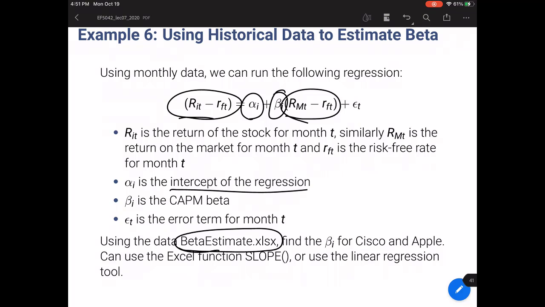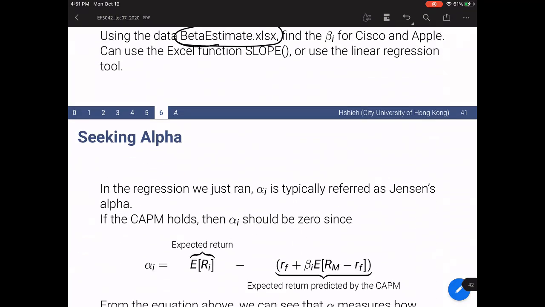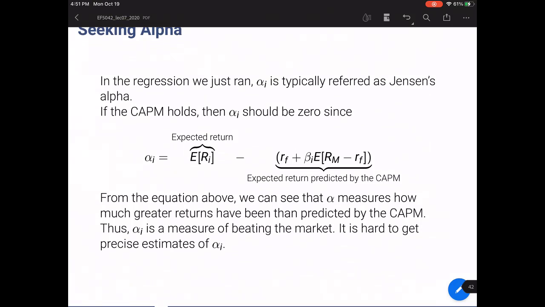Okay, and the final topic is, what does alpha really represent? Alpha just means how well your model fits the data. If we believe CAPM to be true, then alpha should be statistically indifferent from 0. That means it should be very close to 0.